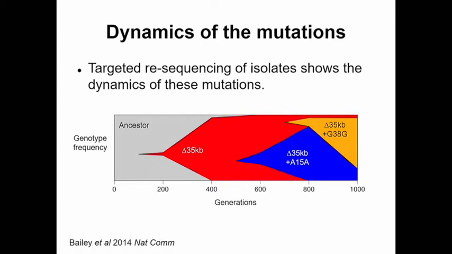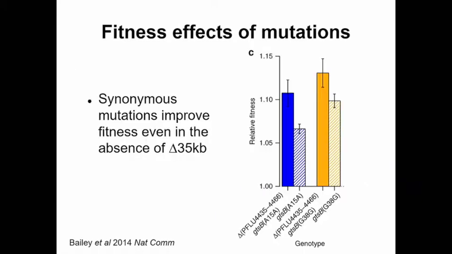So looking at those dynamics, I was convinced that these are clearly synonymous mutations with fitness effects. But we wanted to make sure that really was what was going on, so we did some tests. These are data showing relative fitness of a couple of different strains.